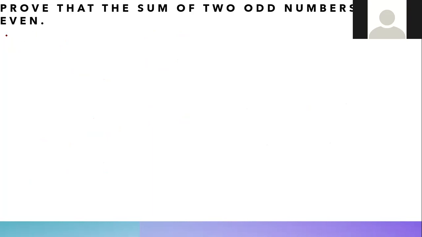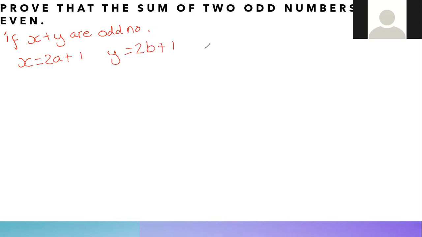We would write: if x and y are odd numbers, x equals 2a plus 1, y equals 2b plus 1. Here, a and b are integers.